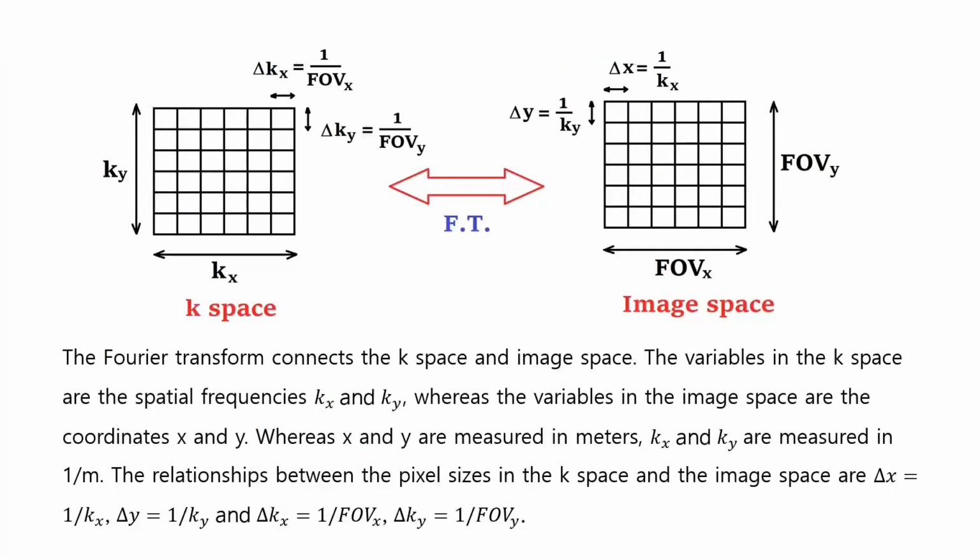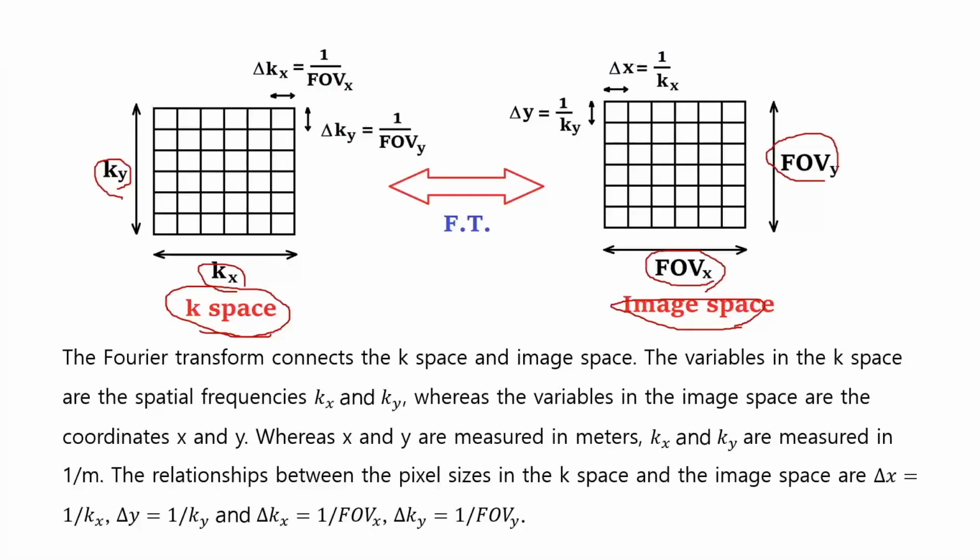We summarized the previous discussion about the relation between pixel size in k-space and the real space. This is k-space, and the dimensions of k-space are Kx and Ky. This is image space, or real space, with size of image in x direction FOVx, y direction FOVy.